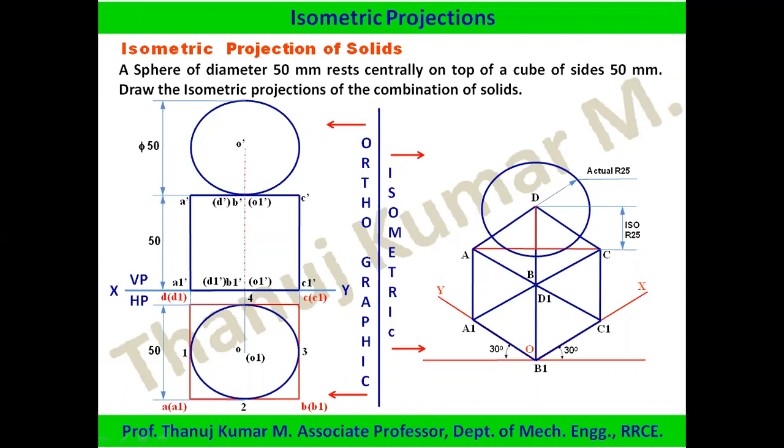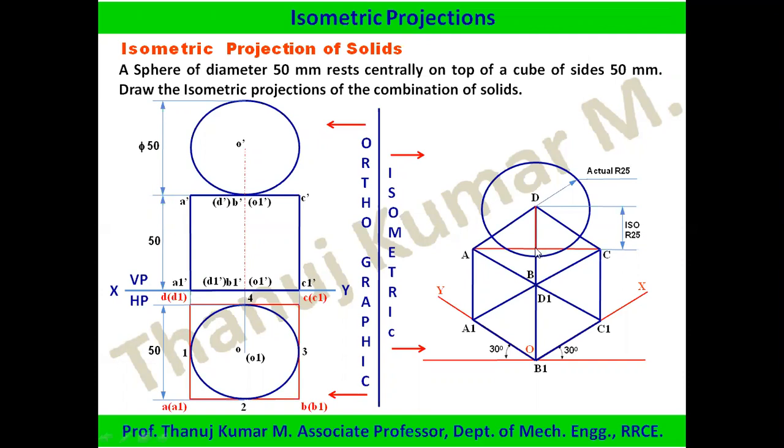So for drawing the circle, that is the sphere, in isometric projections, locating the center of the sphere is very, very essential. If you don't locate the center exactly with isometric 25, I can't draw the sphere with actual 25. If you draw it exactly 25 mm here, it may just touch here. That is wrong.